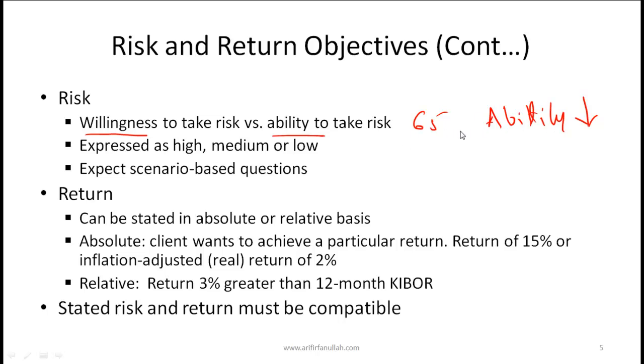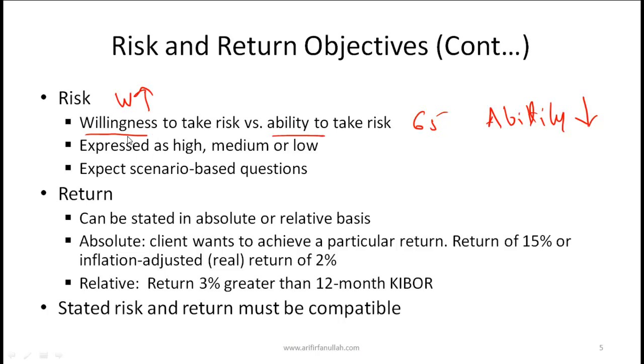The last thing he can afford to do is invest in high risk securities and then find out that by the time he retires he has nothing. So his ability to take risk is low. His willingness might be high. So for example, if he's the sort of guy who likes to jump off planes and parachute and so on, his willingness might be high.